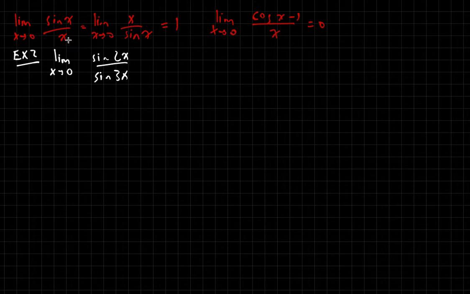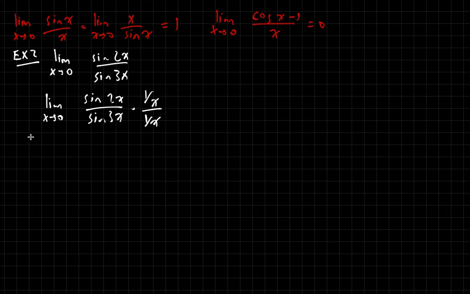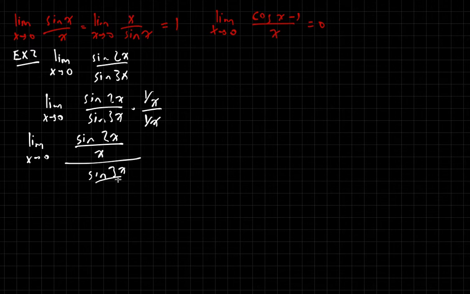So in order to match this formula, what we're going to do is rewrite this expression as sine of 2x over sine of 3x times 1 over x over 1 over x. Now you can say the limit as x approaches 0 of sine of 2x over x over sine of 3x over x.